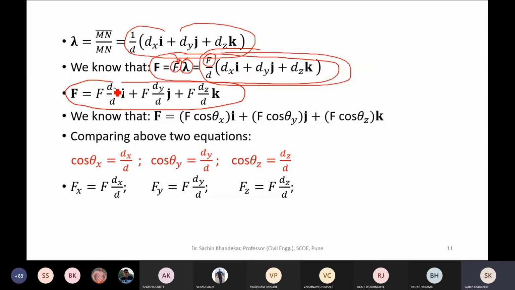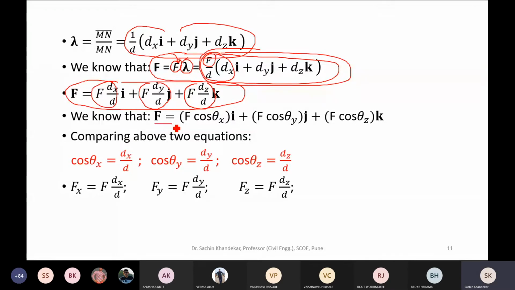That means F into dx by d i, correct? See here, this one, F into dx upon d i, plus F into dy by d j, and plus F into dz by d k.